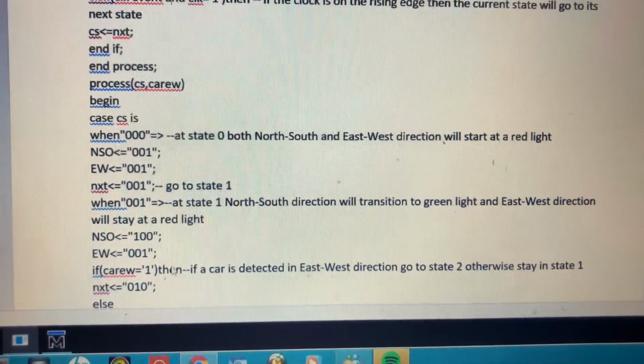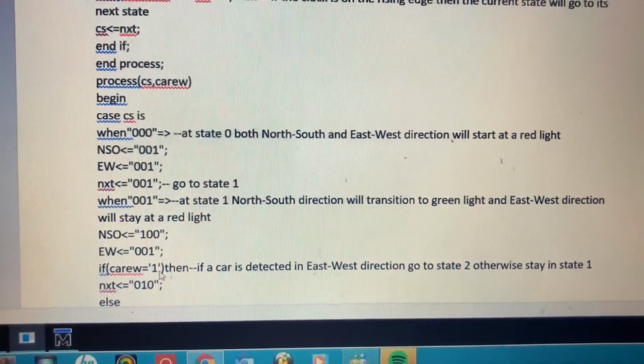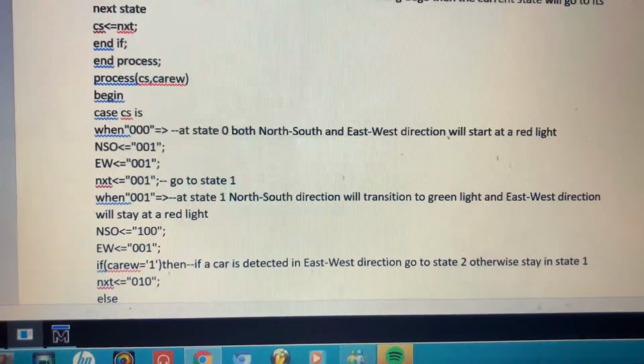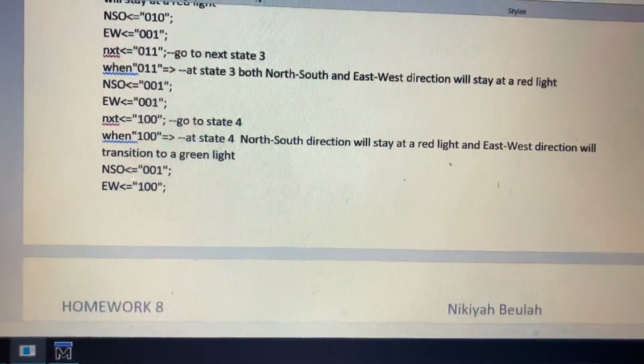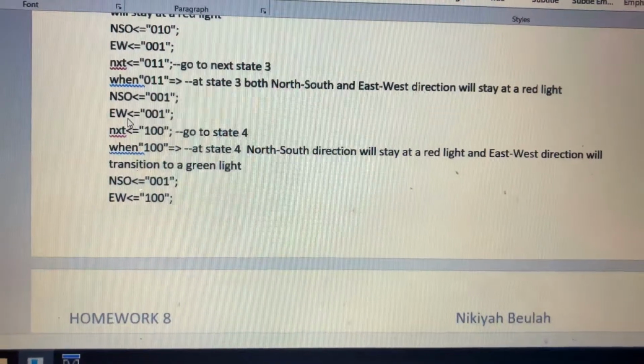And if the car is detected, then it will go to its next state, and so on and so forth.